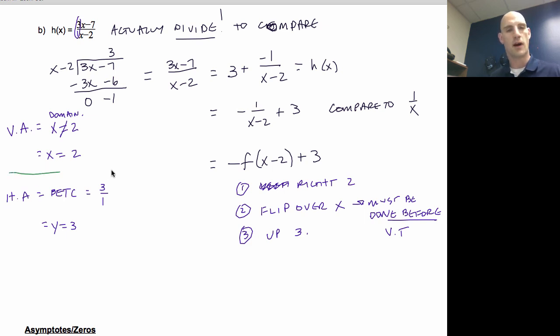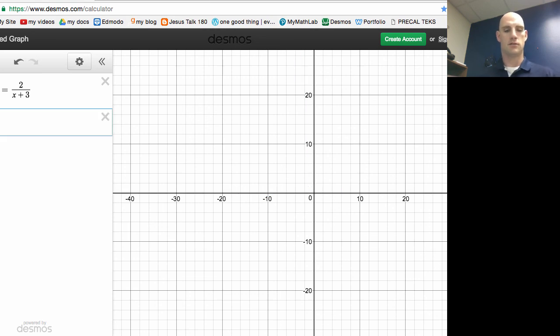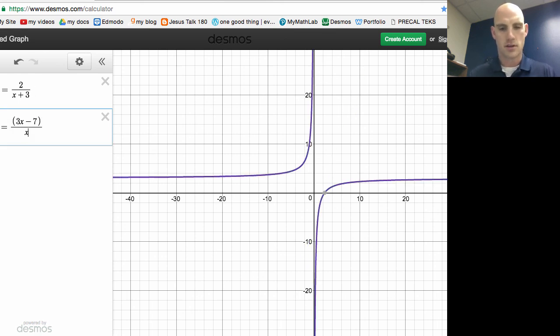Well, what does that mean for my limits? Let's check a graph here. H of x is equal to 3x minus 7 divided by x minus 2.